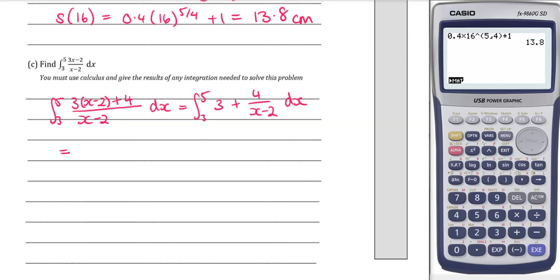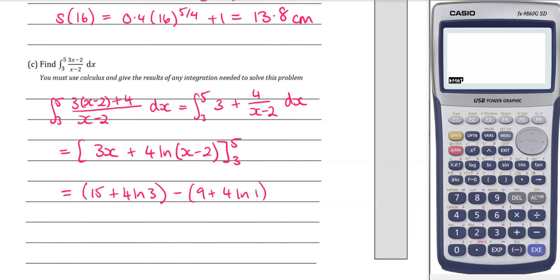If you're not confident with algebraic juggling, I do have a couple of videos you can look up on those. Okay, so if we're integrating, we're going to have 3x plus 4 natural log of x minus 2 on this one between 3 and 5. So we get this next line by substituting in the 5 and then substituting the 3 and subtracting them.